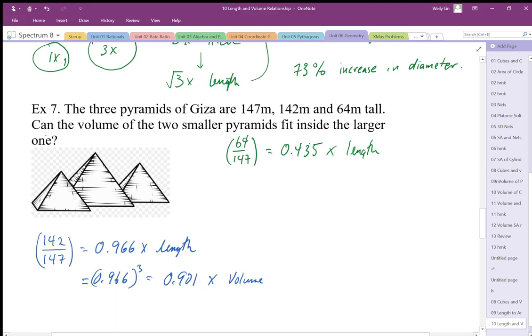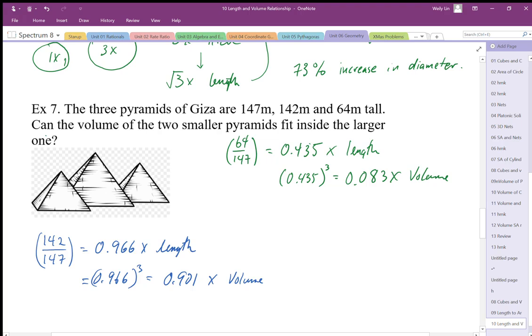Okay, since height is length, if I want to find out the volume multiplier, I'm going to take that and cube it. So I'm going to cube that number, and I'm going to end up with 0.0825. So I'm going to round that, that's going to be about 8.3% times the volume.